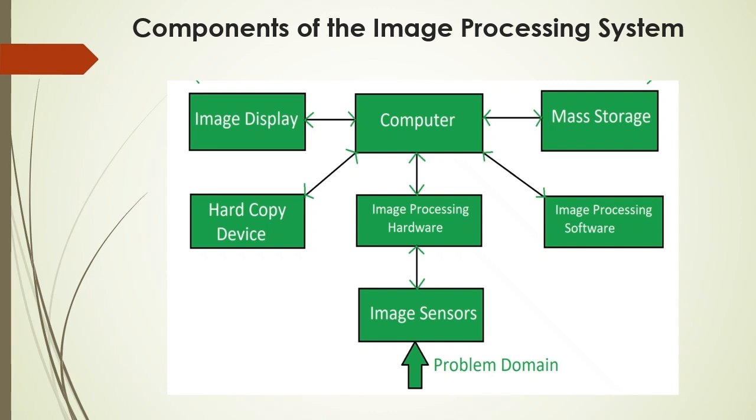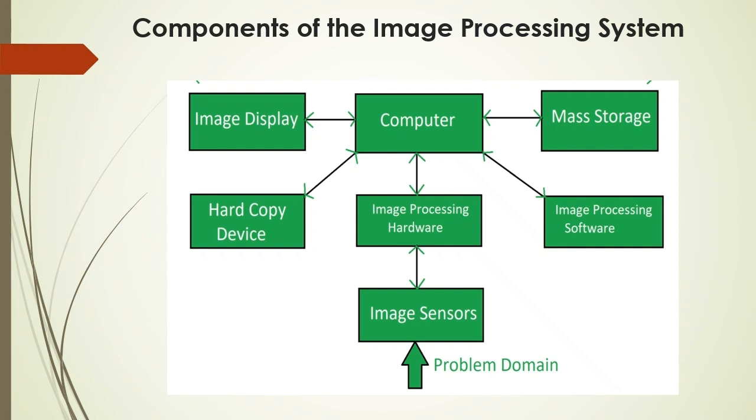The computer used in the image processing system should be capable of doing the major functions for image processing. The next one, image processing software. Its main use is to include all the mechanisms and algorithms used in the image processing system.